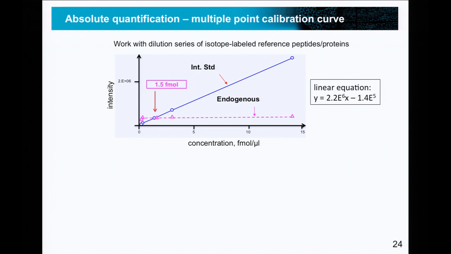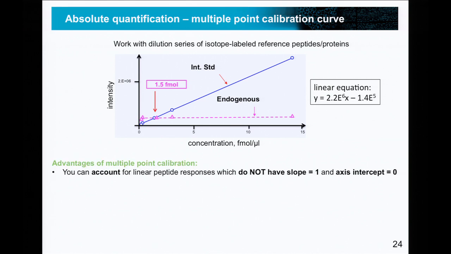And like this, you can determine the linear equation, so the linear dependency of your peptide in your measurement. And then you can use this equation to convert your measured endogenous intensity into a real concentration value. And the big advantage when you do it this way is that you can account for linear peptide responses that do not have a slope of 1 and an x-intercept of 0. Yeah?